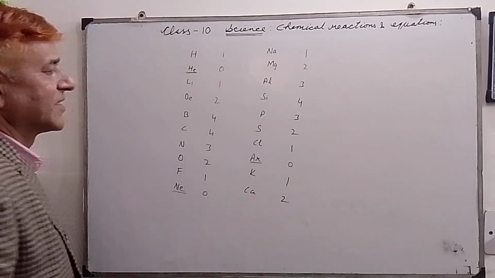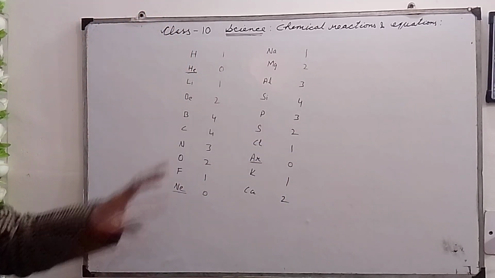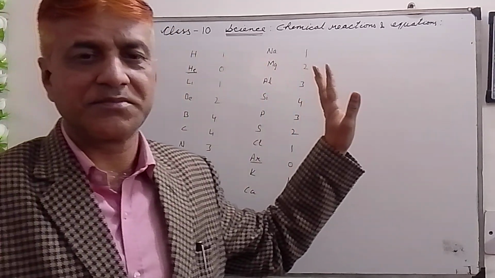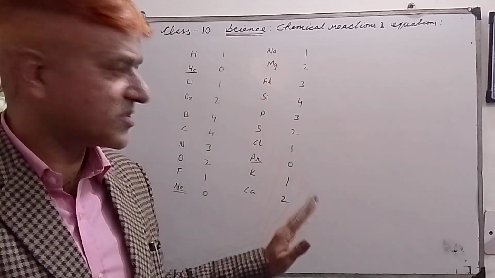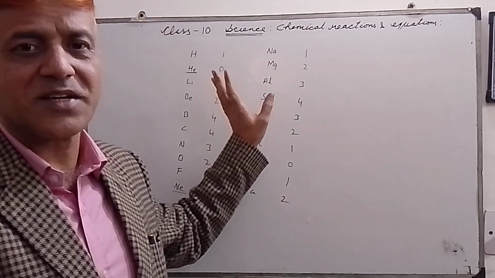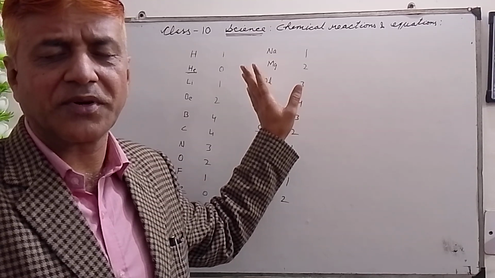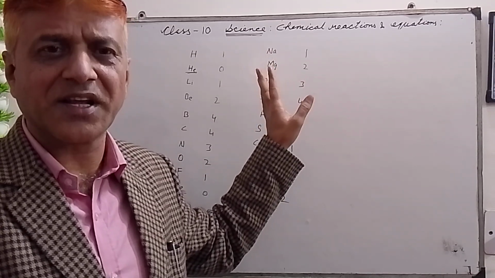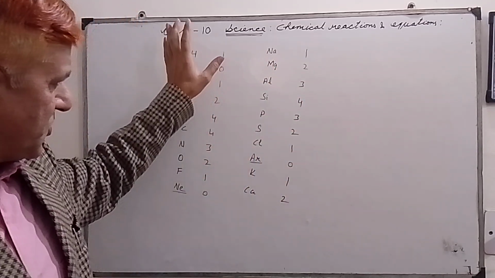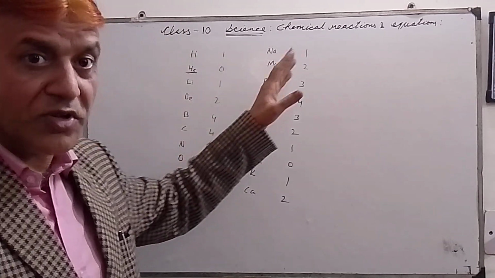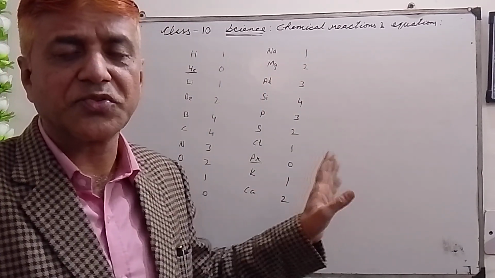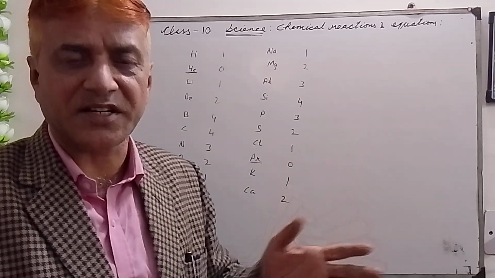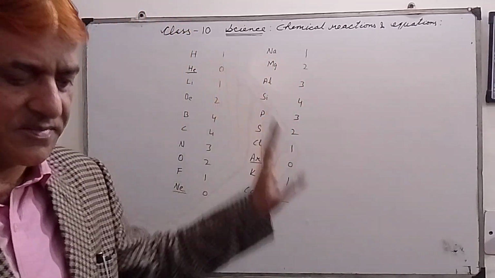Then 1 and 2. So this, my dear students, is a very simple technique to write the valency of the first 20 elements. Make this table, for example, 20 times, 30 times, so that you remember all these things, and you must be able to produce this table in seconds. Practice in such a way.